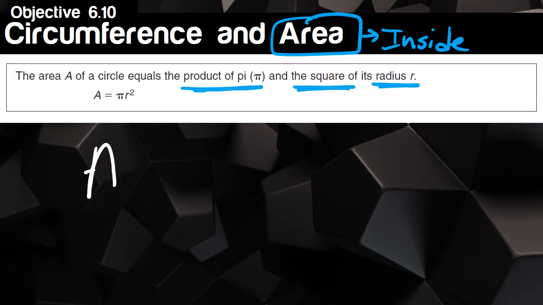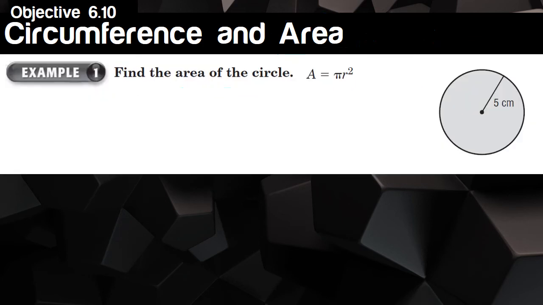So our equation is A equals 3.14 times our radius to the power of 2. We take our radius times our radius times pi.